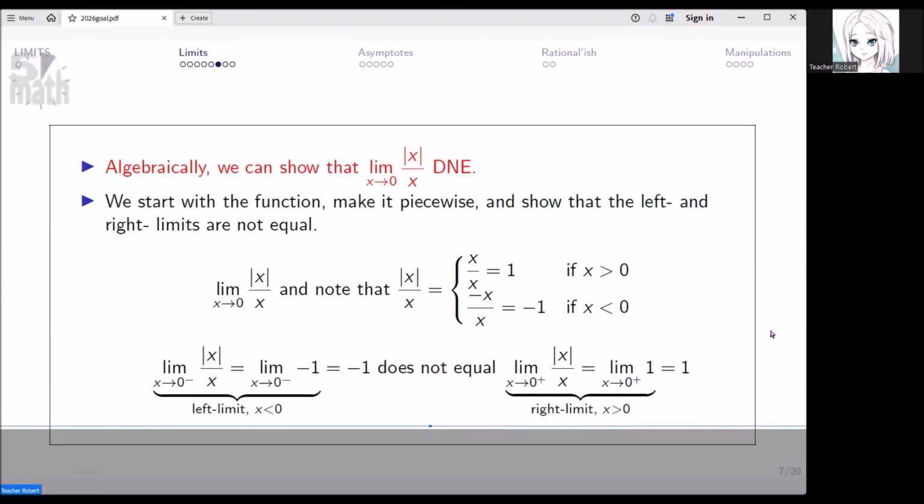Limit as x approaches 0 from the negative of absolute value x over x equals limit as x approaches 0 from the negative of minus 1 equals minus 1, which does not equal the limit as x approaches 0 from the positive of absolute value x over x, which equals the limit as x approaches 0 from the positive of 1 equals 1.